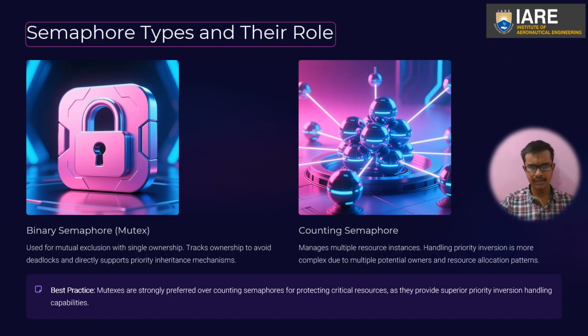As a best practice, mutexes are strongly preferred over counting semaphores for protecting critical sections, as they provide superior priority inversion handling capabilities. Hence, these are semaphore types and their role.